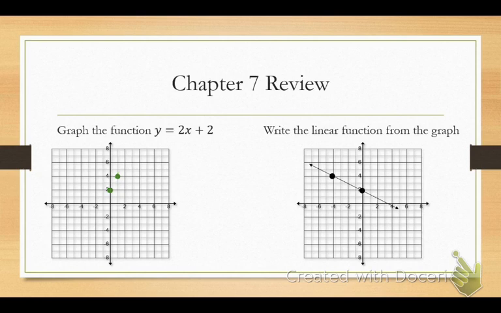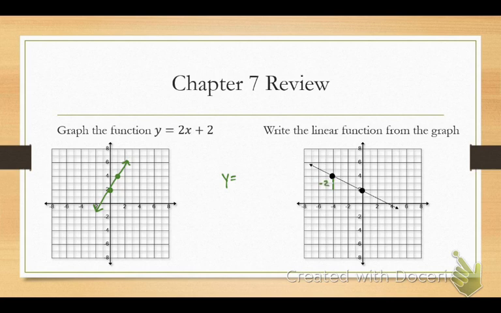So on the other one, you're exactly right. Now I have to read the graph, and I need slope and y-intercept to write my equation. Y equals, let's count my rise over run. How many do I go down?